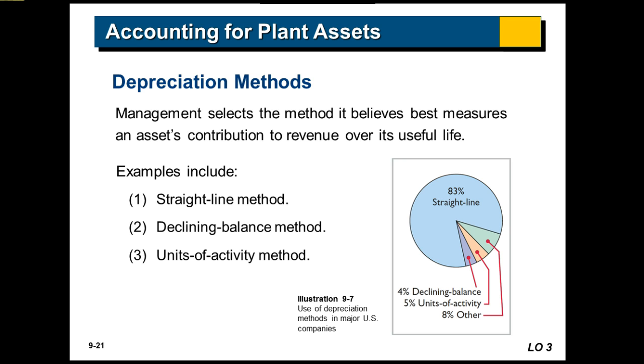Now, we get to depreciate or take a cost for this asset throughout its useful life. And there's a couple various methods that are commonly used to depreciate assets. As you can see, the most common is what's called the straight line method, where we take a flat amount, so our $48,000 divided by 5 years, we come up with an amount, and we take that amount each year.